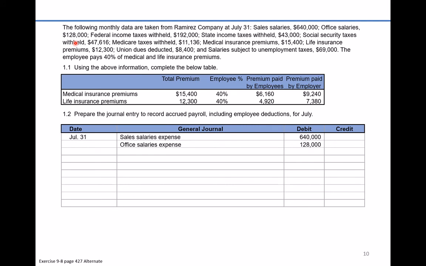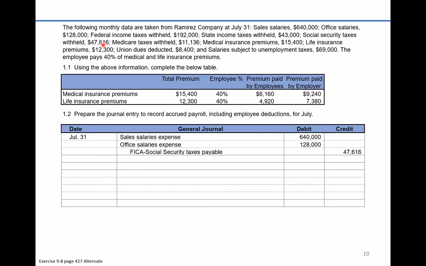But now we have to figure out that the employees aren't getting all that money now. We have to withhold those different amounts that we just discussed. First, let's withhold the Social Security taxes, the amount that was listed. Social Security taxes were $47,616.